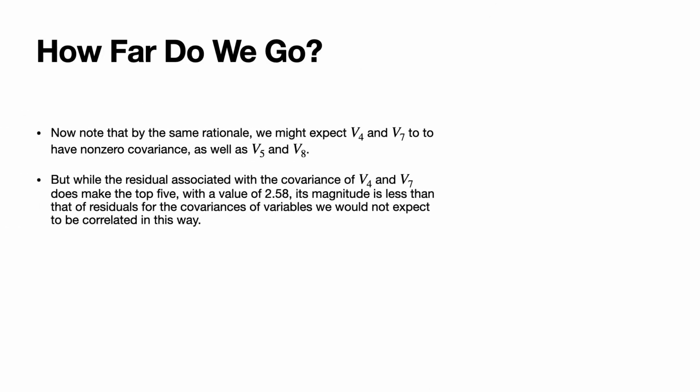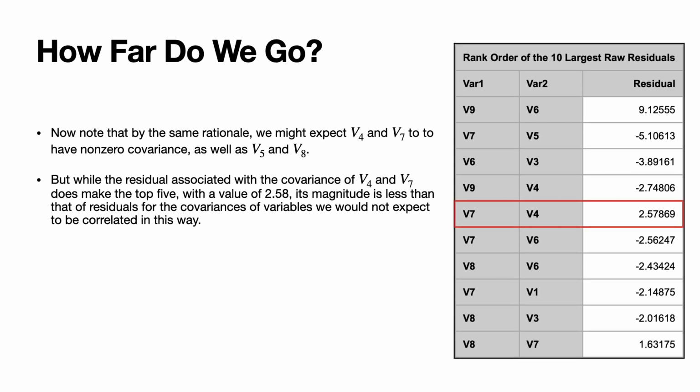But while the residual associated with the covariance of V4 and V7 does make the top 5, with a value of about 2.58, its magnitude is less than that of residuals for the covariances of variables we would not expect to be correlated in this way. In particular, V4 and V9, V3 and V6, and V5 and V7.